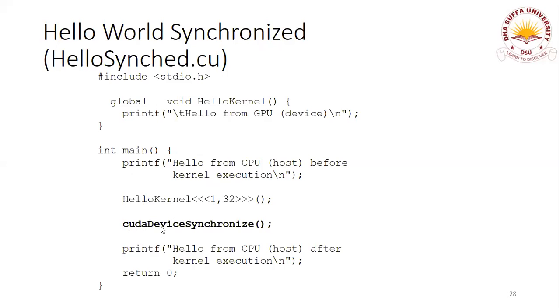We have written cudaDeviceSynchronize, because of which the host is going to stop and wait here till the GPU has finished the task, and then once the control is returned, the host is going to continue. Then we have a printf hello from CPU after kernel execution, and then return 0, and then the code is going to end.